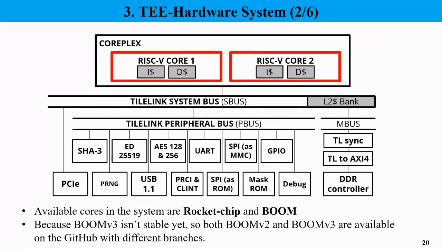These processors can be either the Rocket core or the Boom core. Right now, Boom version 2 is implemented in the master branch of the repository. Version 3 is still not used actively due to its stability problems, but the same implementation also exists for version 3.